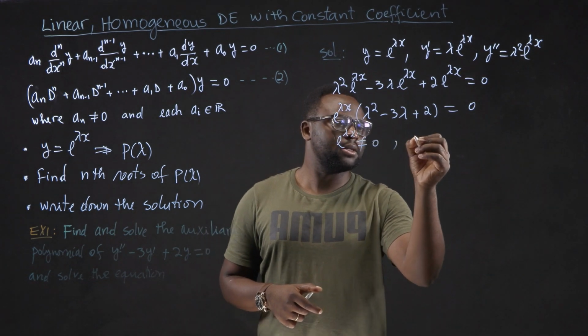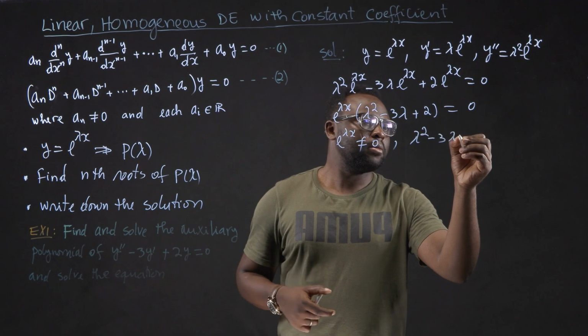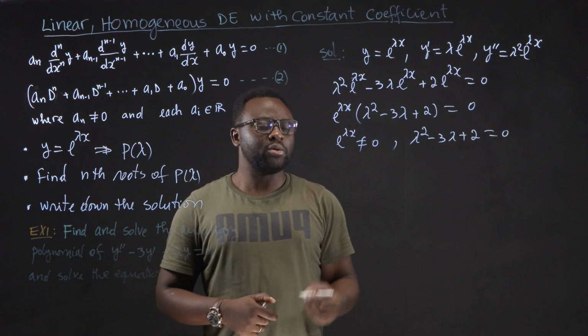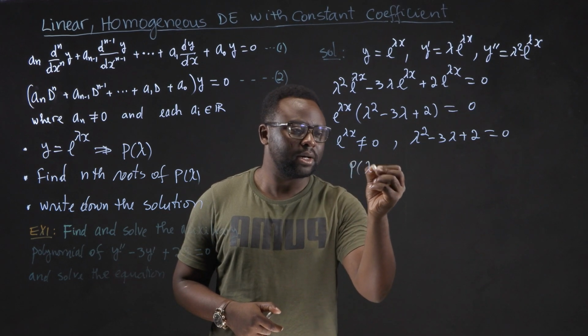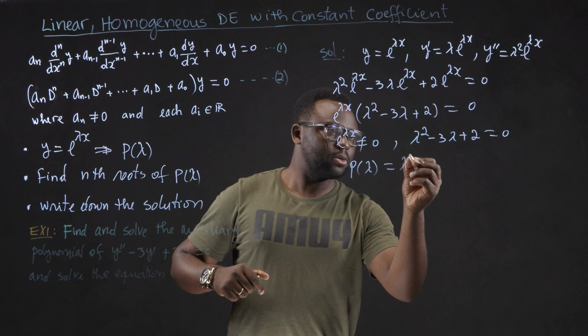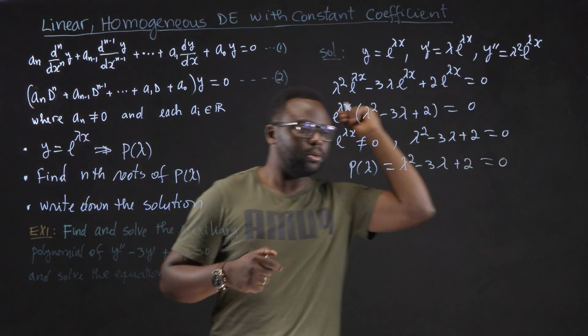This means that it's only lambda squared minus 3 lambda plus 2 is equal to 0. Okay? This is then our polynomial. Let's call this p of lambda.